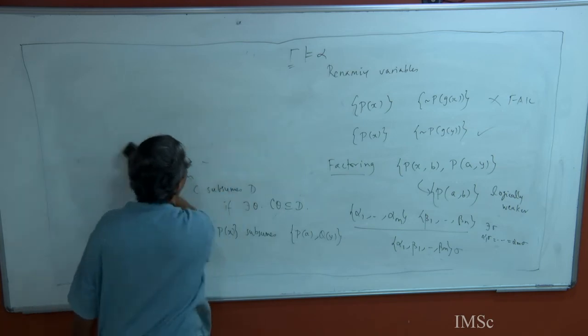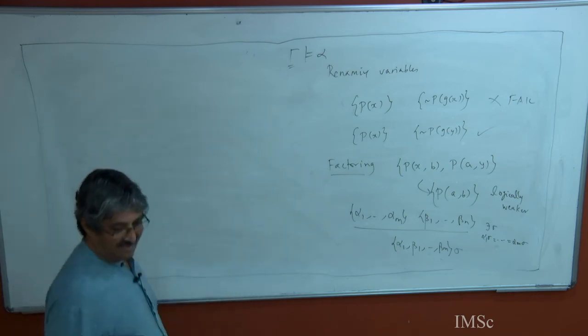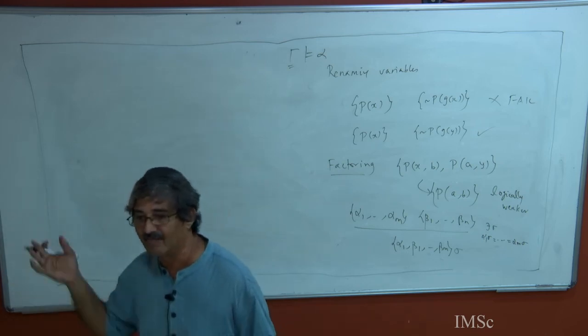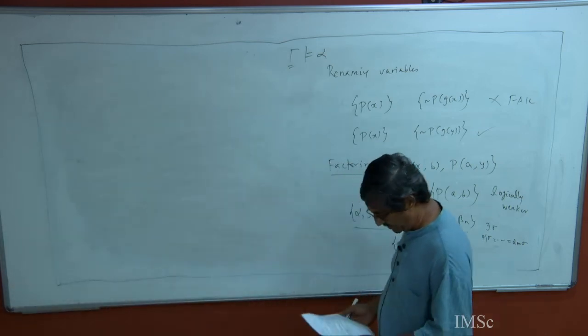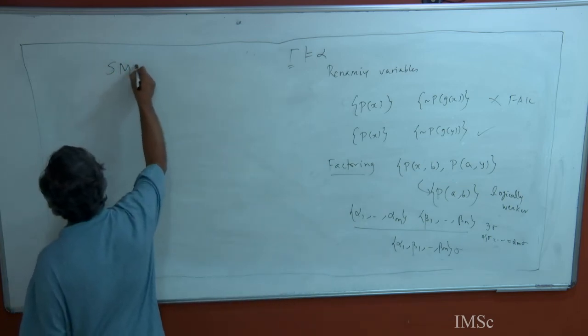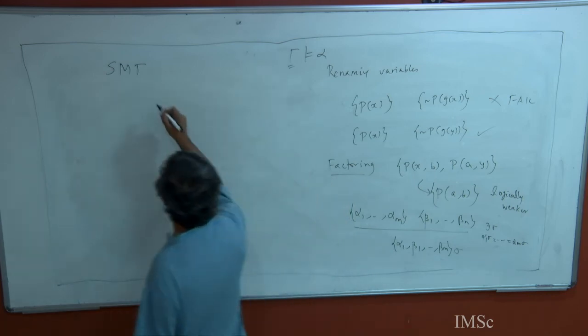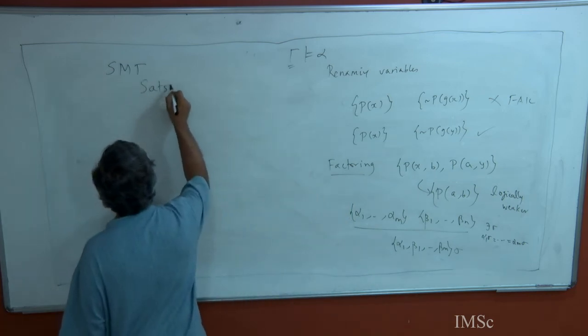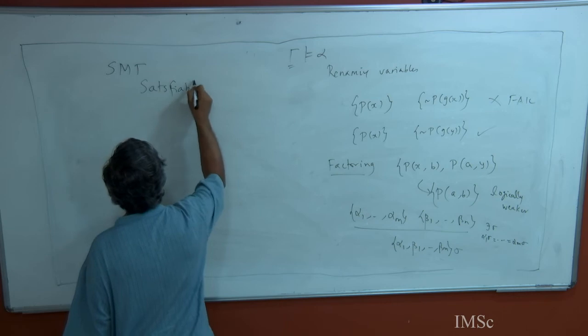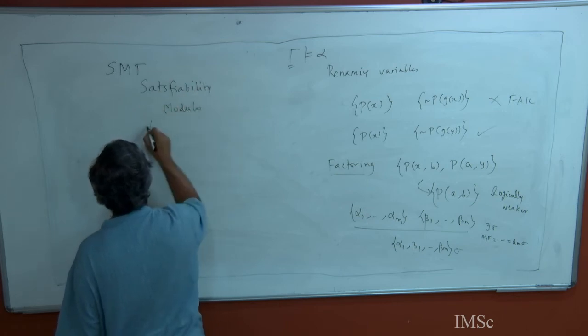So this thing is called satisfiability modulo theories. I'll just show you how it works for a very simple example, and then you can see that theorem provers can actually build this into the background. Exactly like SAT solvers I was talking about, these are called SMT solvers. That stands for satisfiability modulo theories.